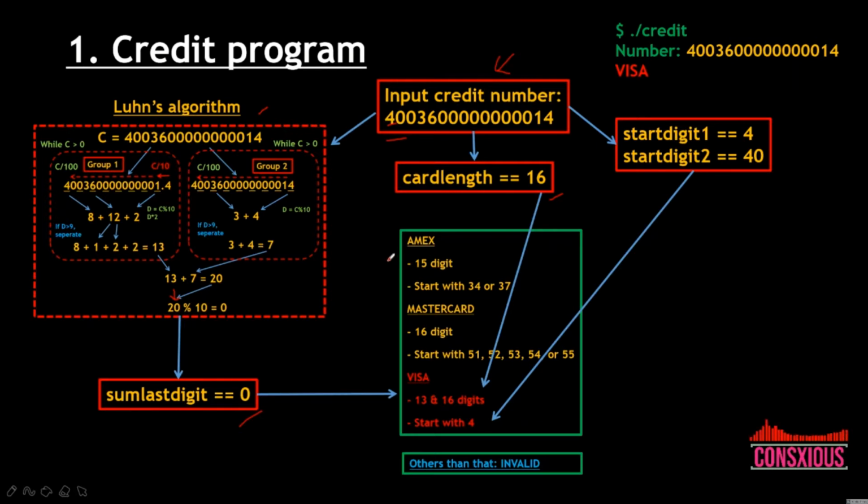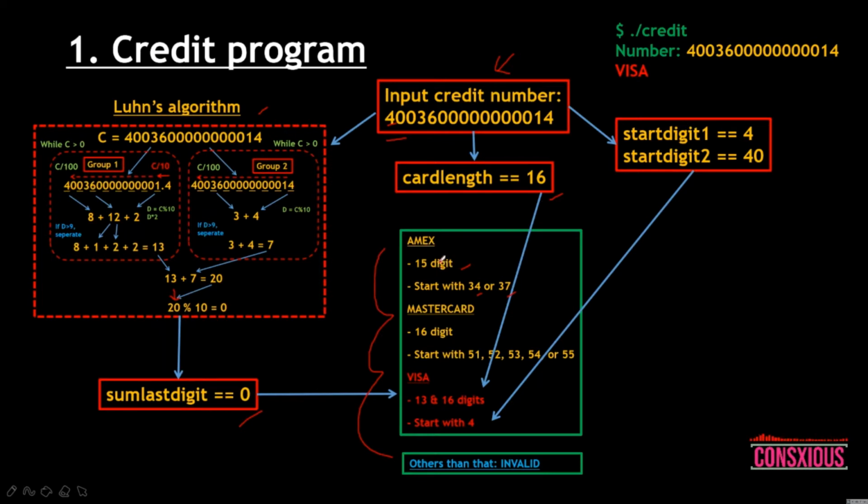There are actually conditions for AMEX, MasterCard, and Visa, and each of them has particular conditions. For example, AMEX needs 15 digits and starts with 34 or 37. After we find these values, we can compare them with the conditions in the green boxes.